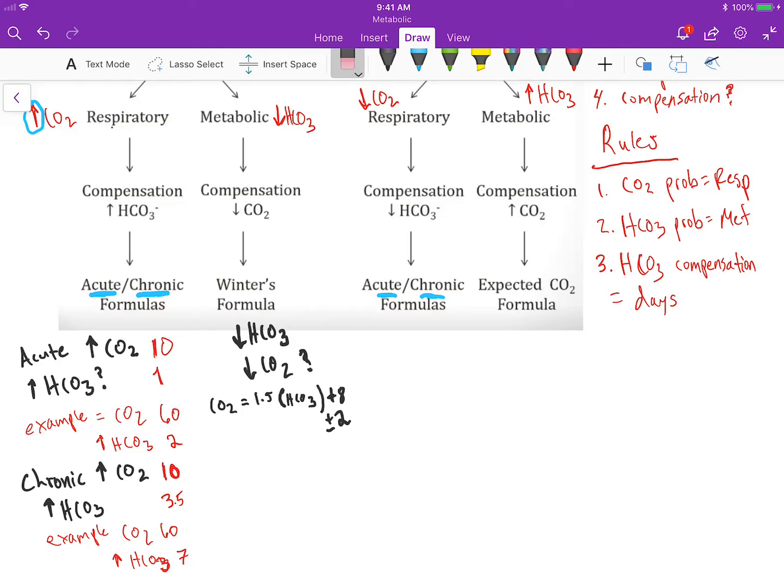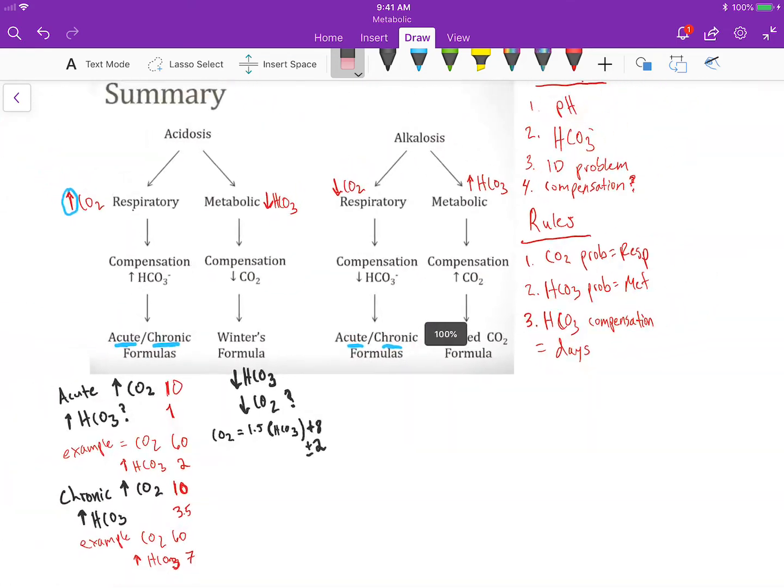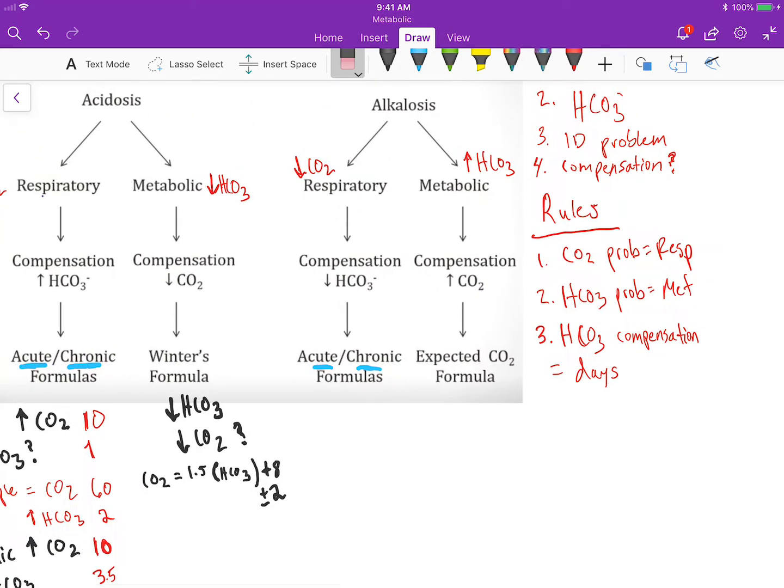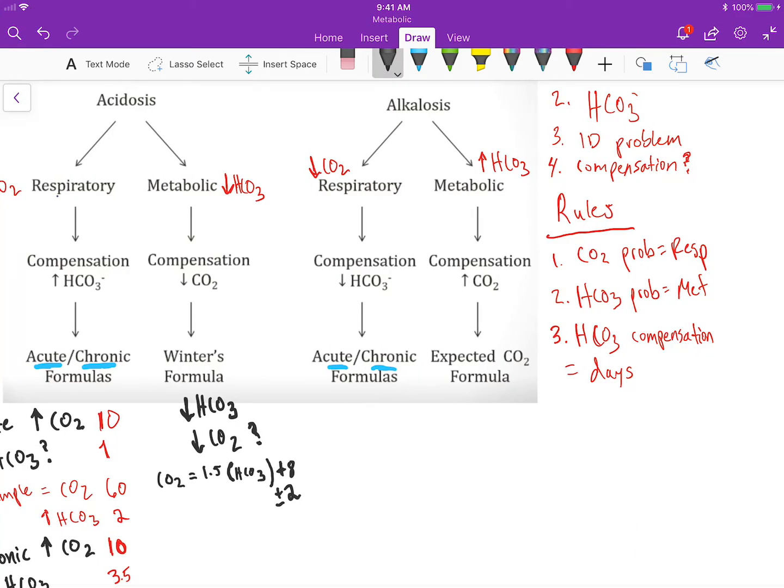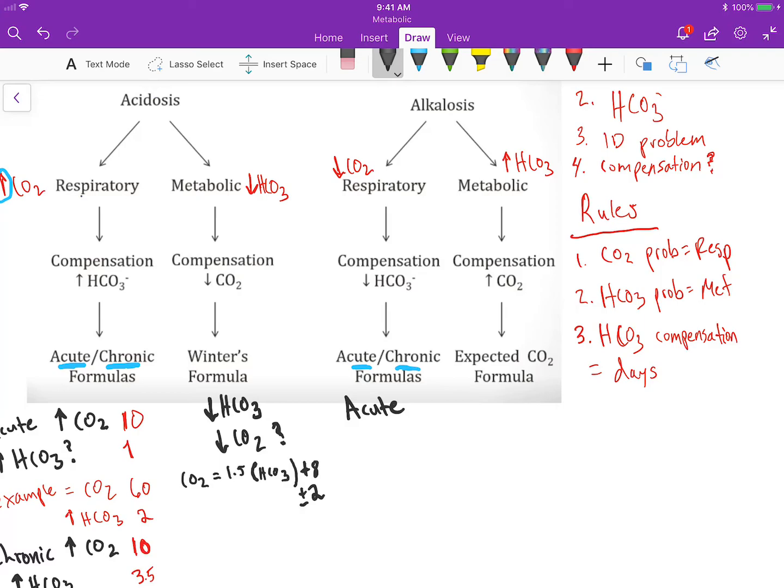Again, we're coming down to our alkalosis here. Because it's a respiratory problem, and the way to correct a respiratory problem is through changes of bicarb, you have chronic and acute ways to change your bicarb. So let's first start with our acute state here, and let's take an example. Acutely, we've identified a respiratory alkalosis by definition.